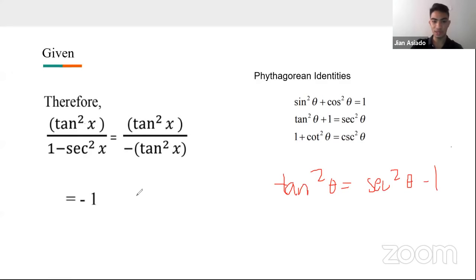Yeah, minus 1, no? So, well, kung nilabas mo ang negative sign, so magiging 1 minus secant squared theta. Ayan, so ito na yon, no? Meron kang negative sign. So, ayan, dividing. So, negative 1. Okay.